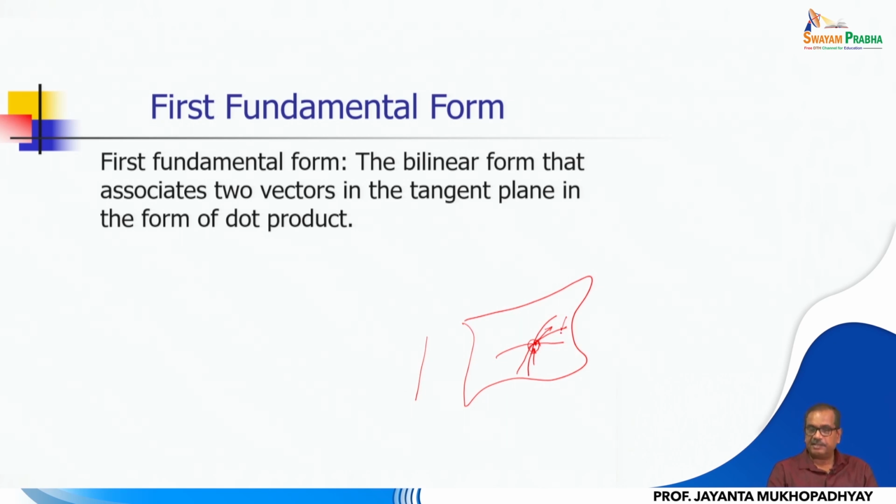But the special thing required for this curve is the variation with respect to the parameter, that is, the derivatives of u and v with respect to the parameter t needs to be considered. So this is captured by a form which will ultimately give you the measure of the magnitude of the tangent, which is called the first fundamental form.